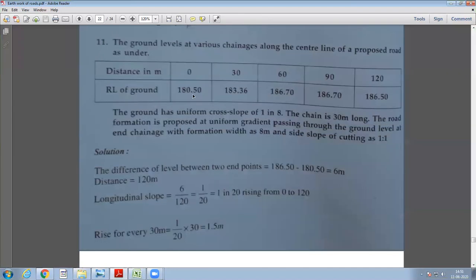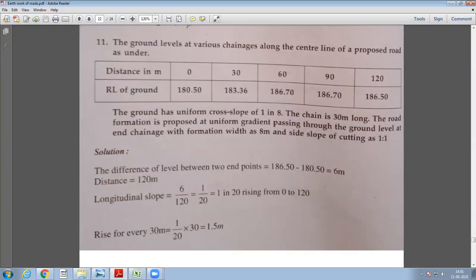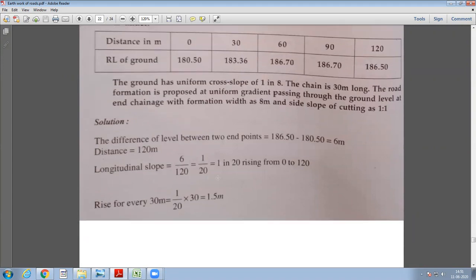That means the RL of the formation at the first point is 180.5 and the RL of the formation at the last point should be 186.5 and it should be of uniform gradient.